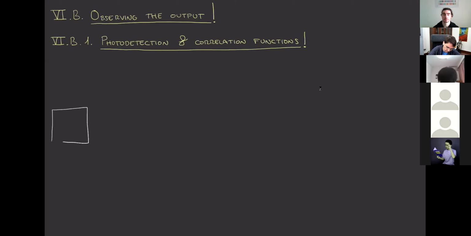We start from our system, that can be the atom or the cavity or any other quantum optics system. And then the system has some kind of output, okay? So we have here some output.